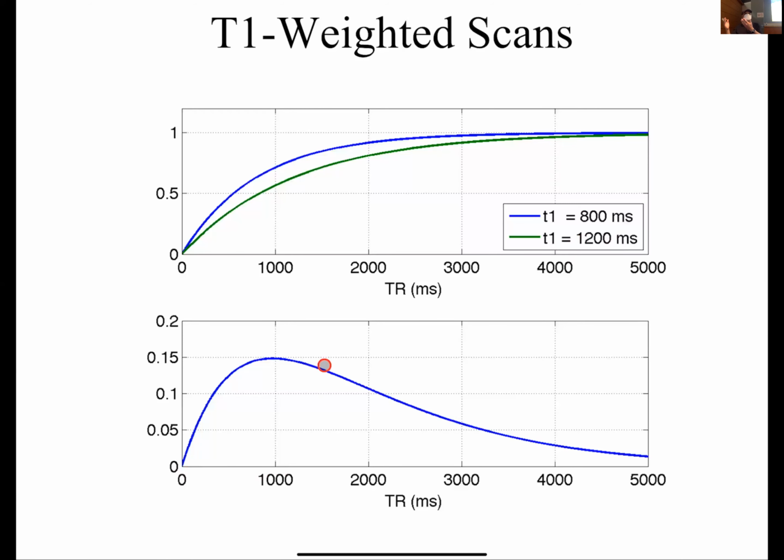If we increase TE too much, at some point the signal would go away, and that would get rid of all our T1 contrast too, because we have no signal. So to be on the safe side, if we had to make a choice, we'd rather decrease TE. At least maybe we lose some T2 contrast, but we've got our T1 contrast.